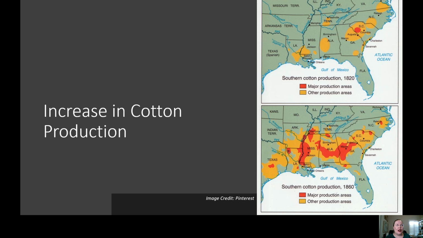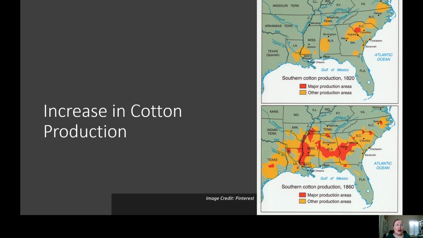However, once you go down to the bottom image, this shows you cotton production by 1860. You can see how the center has shifted to the southwest. The areas of intense cotton production here are in the red. So you can see, especially along the Mississippi River, right? You can see a pocket in southeast Texas, where I am from.